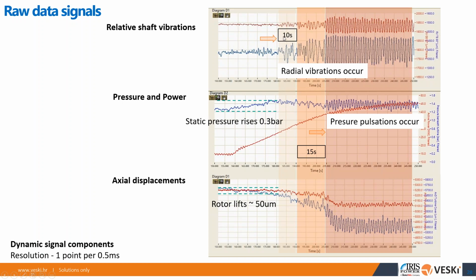They occur roughly 10 to 15, 20 seconds, sometimes from 5 to 20 seconds, depending on the machine, before the pressure pulsations under the turbine. So the machine starts to vibrate radially, and then this phenomenon starts to develop. Then the pressure starts to follow at this point, right? Axial vibration starts to occur maybe 10 to 15 seconds after radial vibrations.